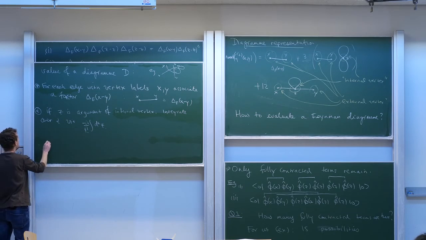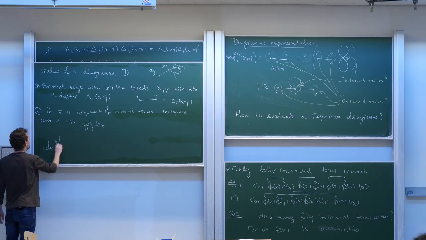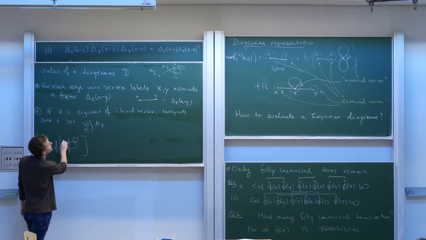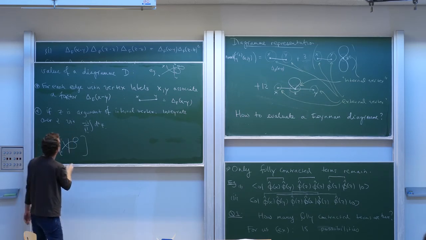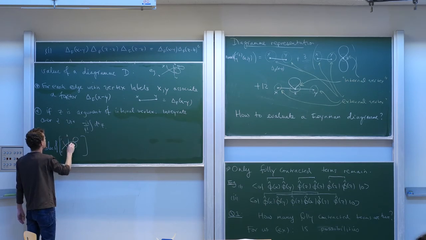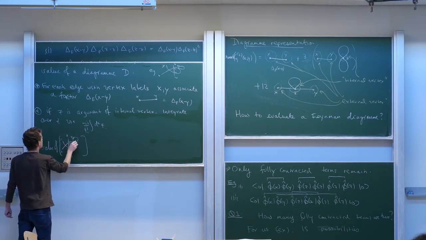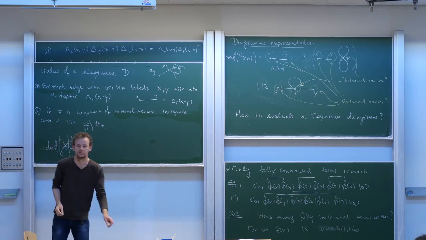So the value v of this diagram: there are 4 internal vertices, this one, this one, and this one, and there are 4 external vertices.